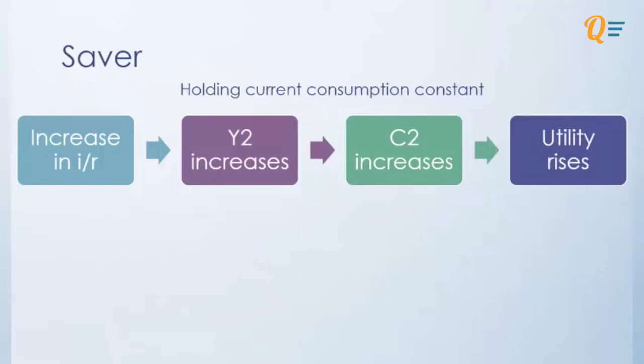And because C2 increases, utility increases. It's like when you are saving more because of the increase in interest rates, that's why you're able to spend more in your second period. And since utility consists of your current and future consumption, for a saver who saves, utility has to increase.